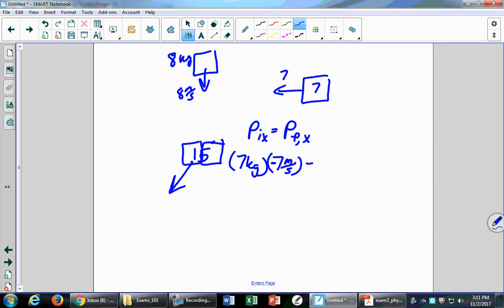And then my PFX is going to be 15 kilograms, because they stick together, times VFX. And I solve that for VFX. So it's going to be negative 49 over 15 is equal to VFX. All right, that would be a 1D problem, right? Just one part of that is a 1D problem. And you'll certainly see 1D collisions on your exam, but not 2D.